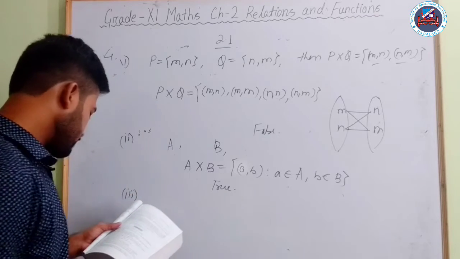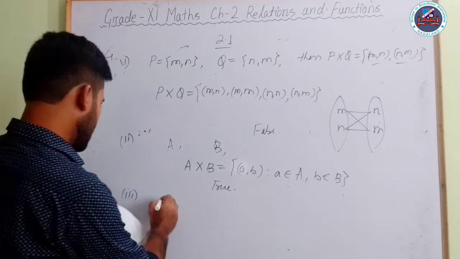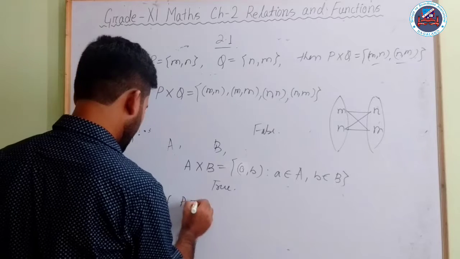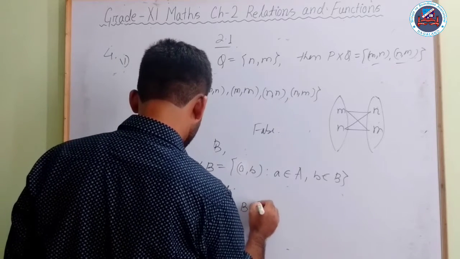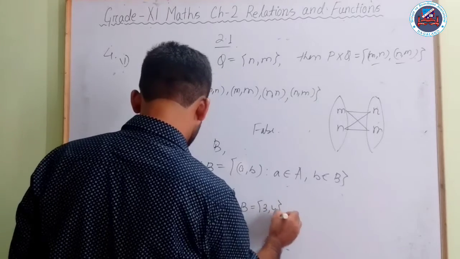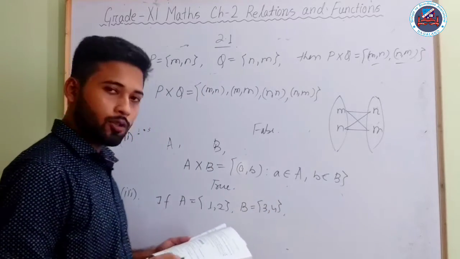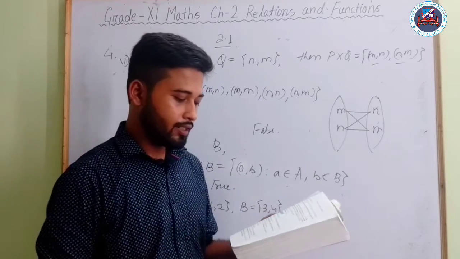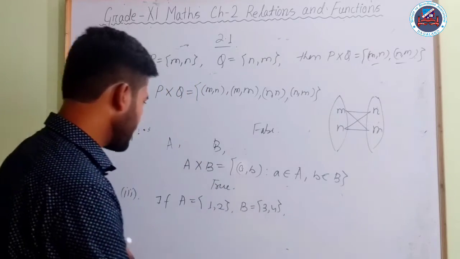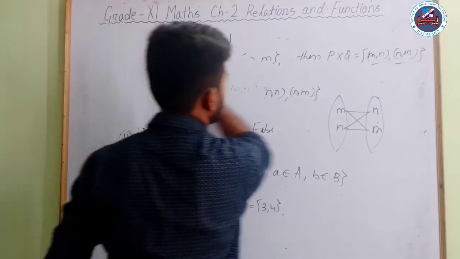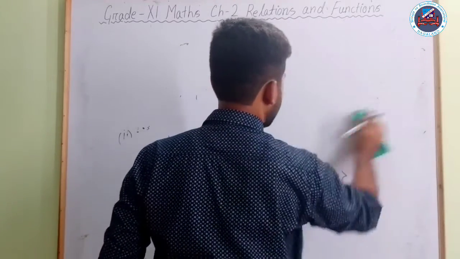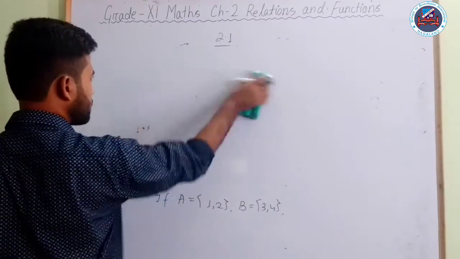The third one, if A is equal to {1, 2}, B is equal to {3, 4}, then A cross (B intersection phi) is equal to phi. Okay, let us verify it. Let us see whether it is true or false.